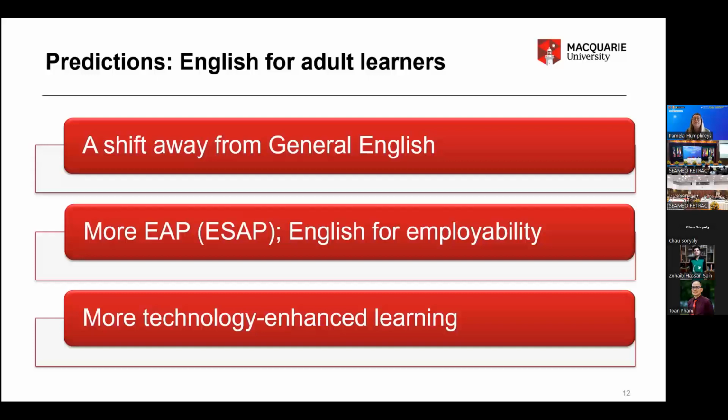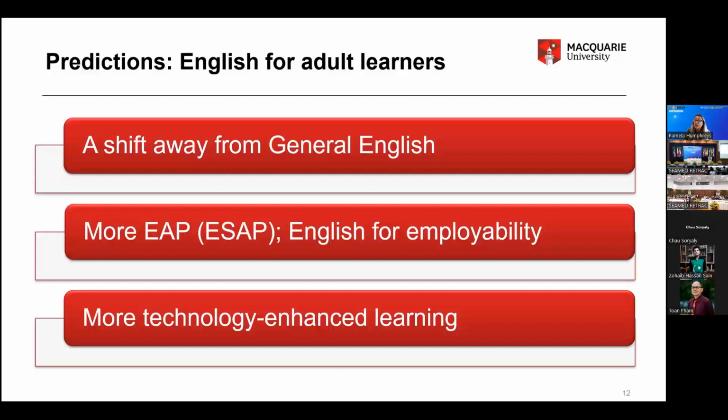And I think that we're seeing a move very much towards English for specific purposes, towards English for academic purposes. And within EAP, I'm seeing more of a move towards ESAP than EGAP, by which I mean English for specific academic purposes rather than English for general academic purposes. I've certainly seen that in all of the areas that I've taught.